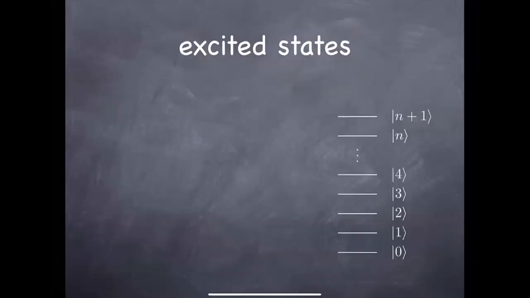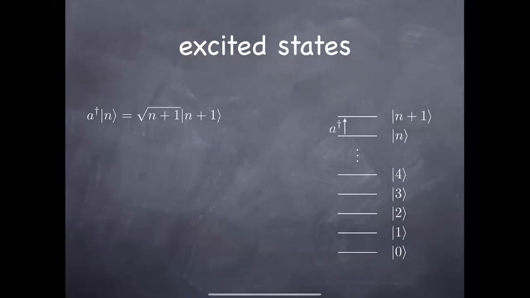So now we know that we can get this entire set of states, starting with the ground state and all the other excited states, using these creation and annihilation operators. Using what we have found on the previous slide, acting A dagger on a state, you get the next state with this normalization factor.